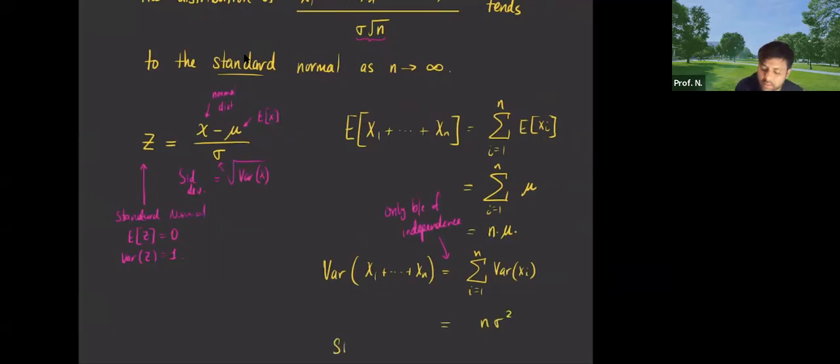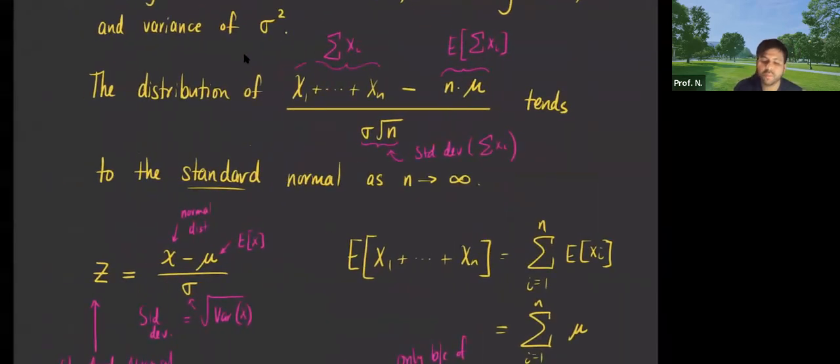So when you take the standard deviation, which is equal to the square root of the variance, this is the square root of n sigma squared, which is sigma times the square root of n. And that's why we get this expression here. This is the standard deviation of the sum of the random variables.